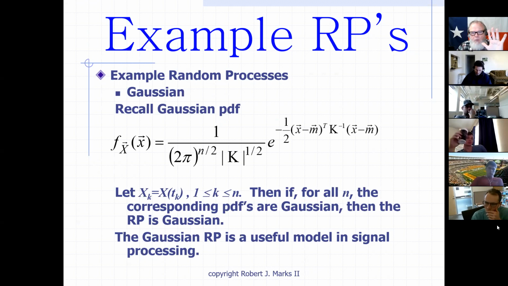Well, let's first of all recall the multivariate Gaussian probability density function. And this is for n dimensions. And this allows correlation. So this K is the correlation matrix.